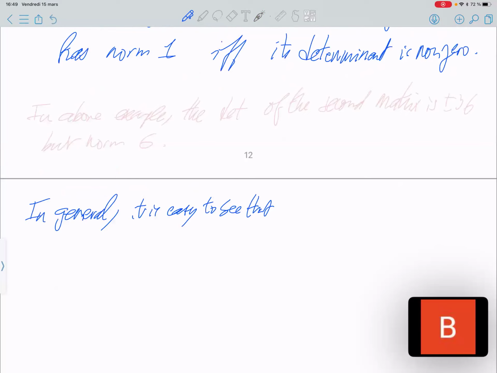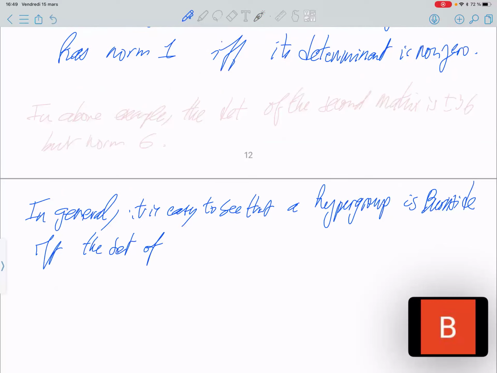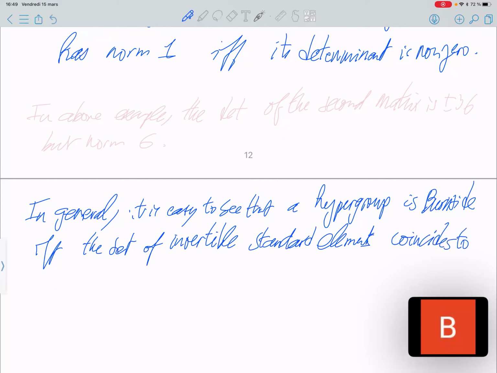It is easy to see that a hypergroup is Burnside if and only if the set of invertible standard elements, so invertible in the sense of the algebra, coincides with the set of group-like elements.